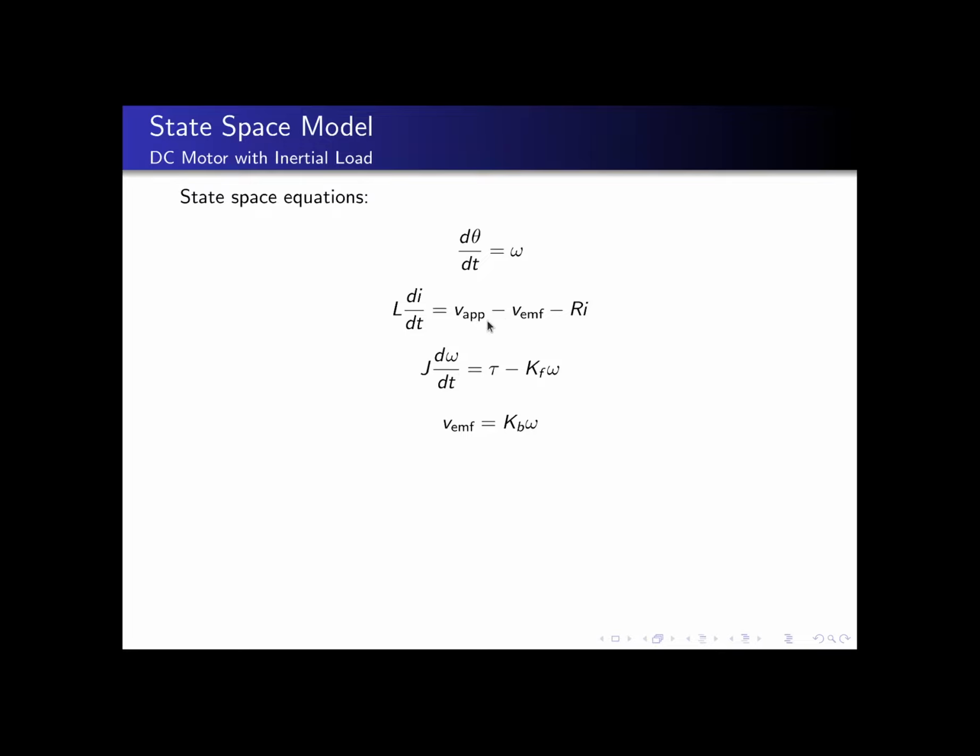Then we have the applied voltage minus the back EMF minus the resistance times the current going through the resistor. That gives you the inductance times the rate of change of current. And then J is the moment of inertia times the rotational acceleration.